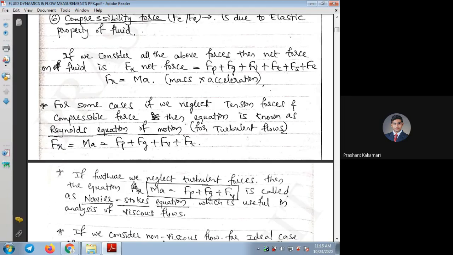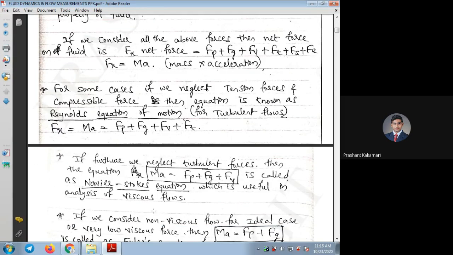This is very important for your different subjects. Next is, if you also neglect the viscous force. So if you neglect viscosity along with all other turbulent, surface tension, or compressible forces, then that equation becomes the ideal equation for the ideal fluids.